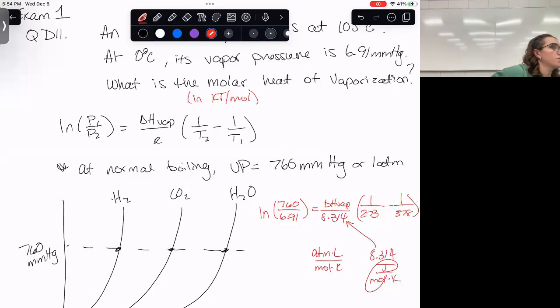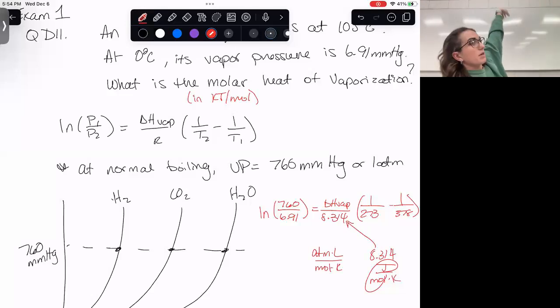For the ln portion here, those will cancel out when you do the math anyways, so you wouldn't need to convert them at all.